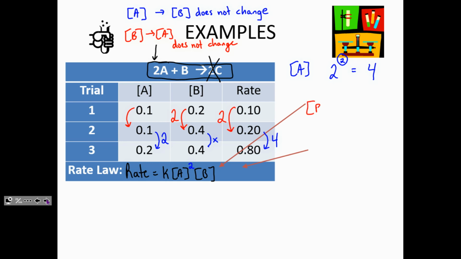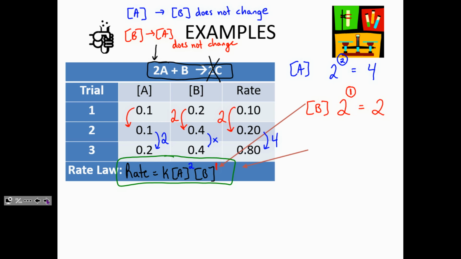So for chemical B, we doubled the concentration, and the rate was also doubled. What exponent makes this true? Well, if you know the exponent rules, anything to the first power is itself. So 2 to the first power is 2. So B is a first order reactant, and this is our final answer for the rate equation.